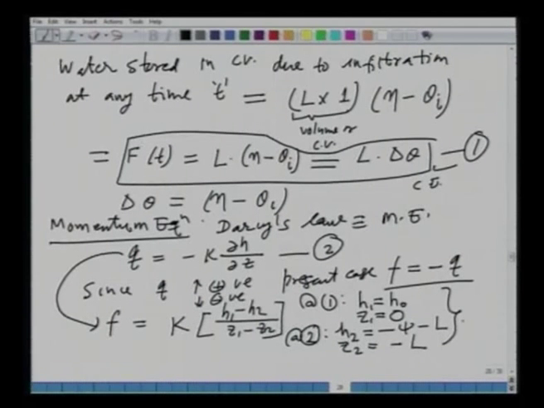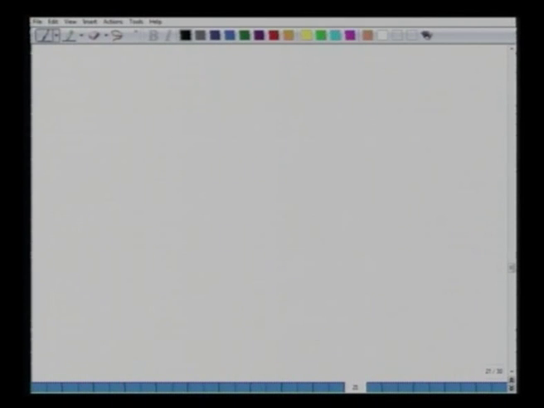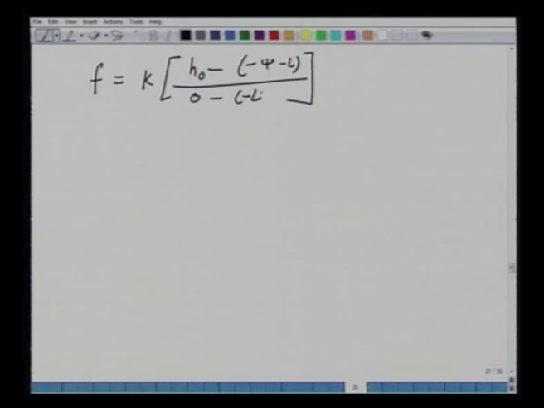What we get is your infiltration rate f equal to K times H1, which is H0, minus H2, which is minus psi minus L, whole thing divided by Z1 minus Z2. Z1 minus Z2 will be nothing but 0 minus minus L.